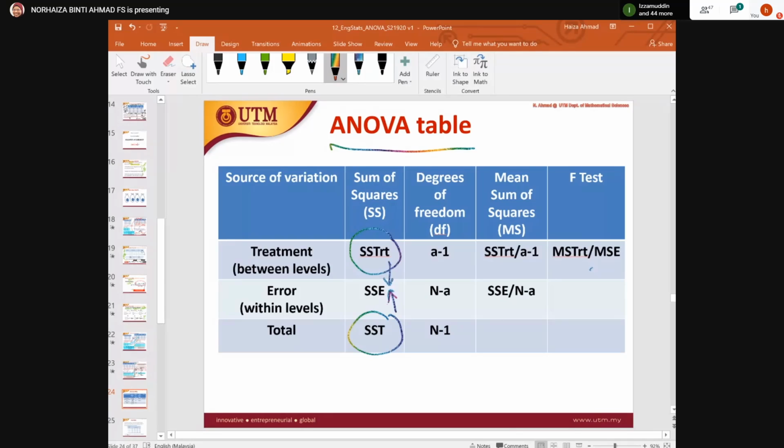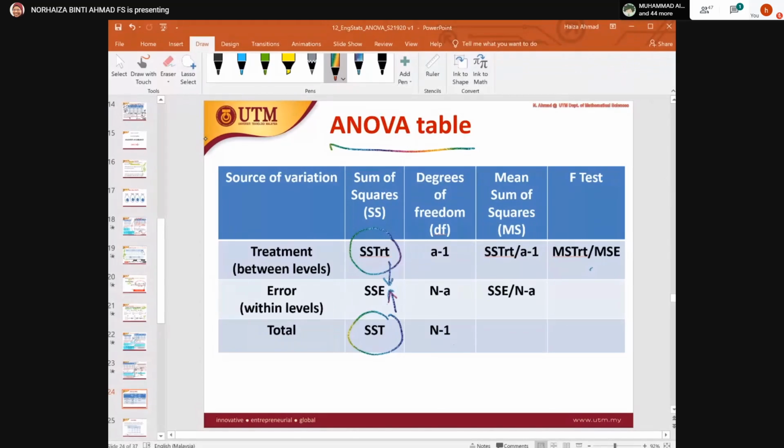Similarly here, you just need to determine the number of levels of treatment minus 1, the total observations minus 1, and the difference is the degrees of freedom for your error. Mean sum of squares is the sum of squares divided by degrees of freedom.